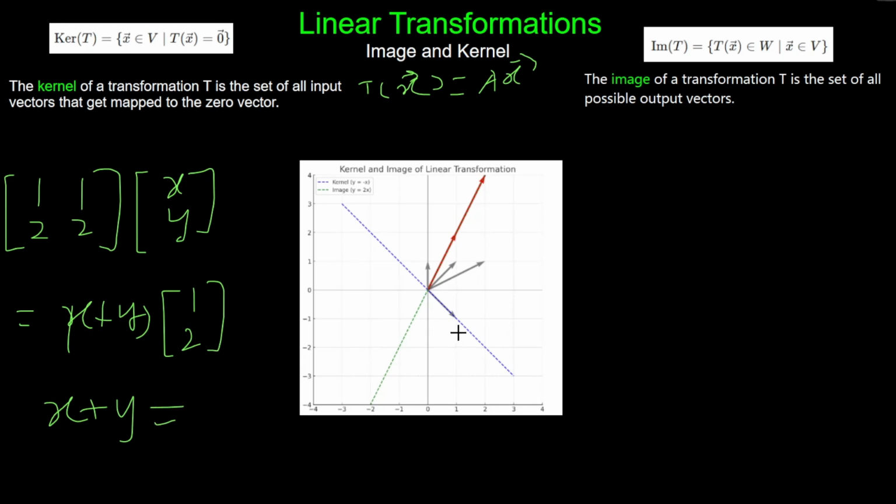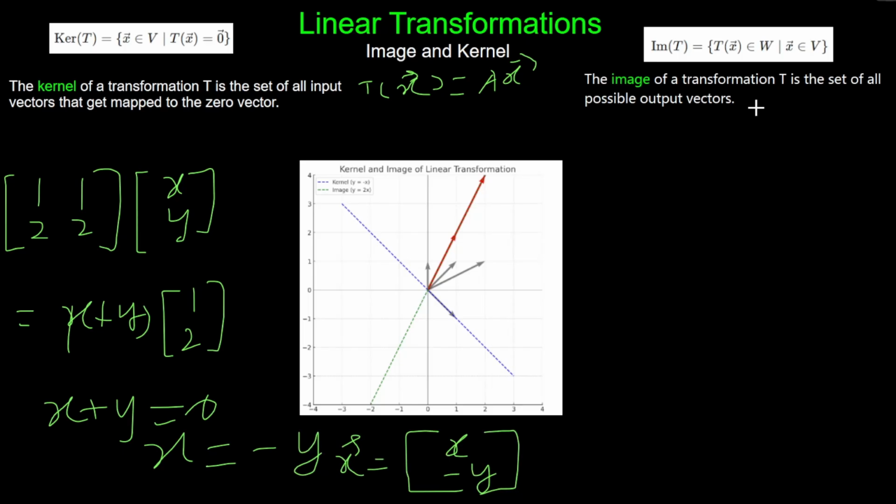So similarly, let's look at the image. If we see here, the output which we get is always a multiple of 1, 2, because the columns are dependent. So we will have the output only in this line. So image is the possible outputs in the subset of the output space which are reachable. So the image represents this whole line. This whole line is just y equal to 2x. So in matrix terms, the output is always a multiple of 1 and 2.